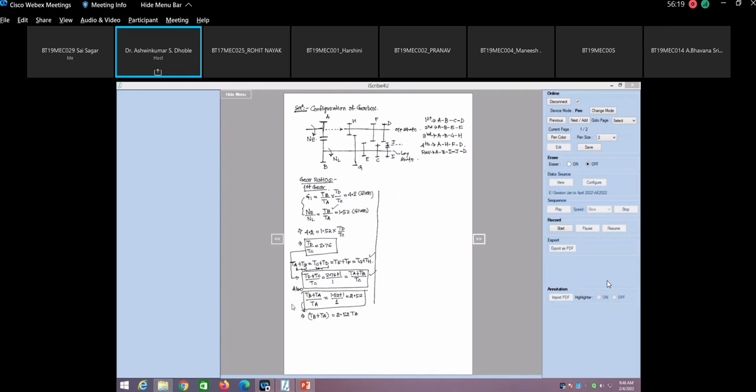Now TB plus TA comes out to be 3.76 TC, which is equal to 2.52 TA. Do you agree with this? Sir, can we derive the relationship of TA and TC like this? Have you understood this equation?